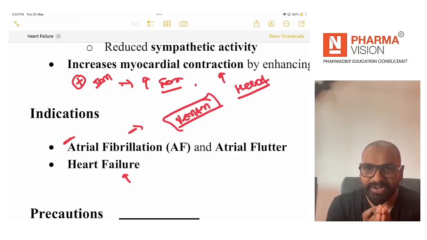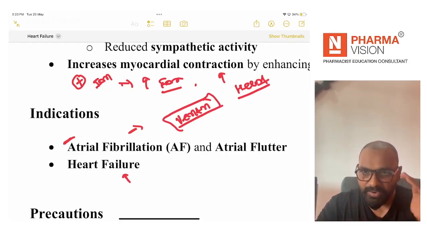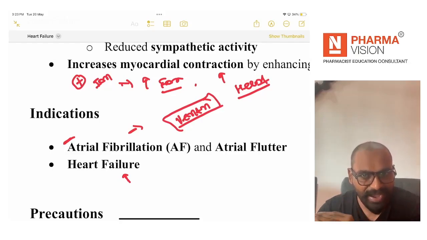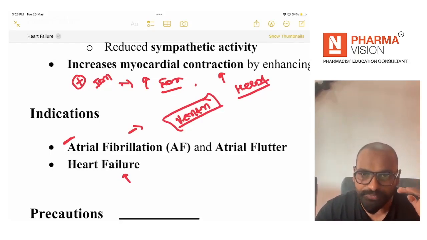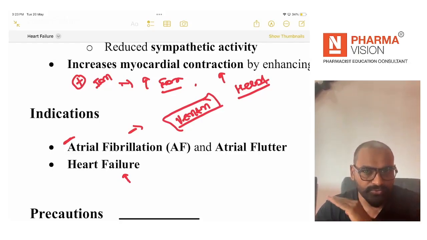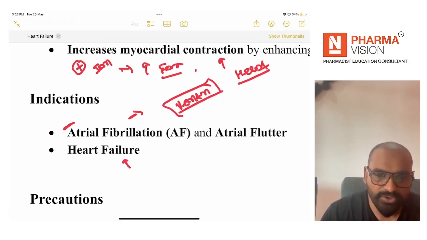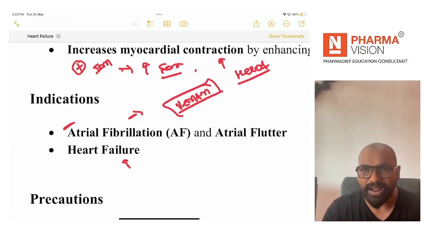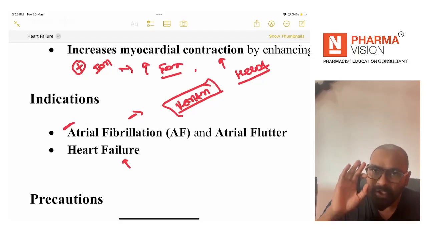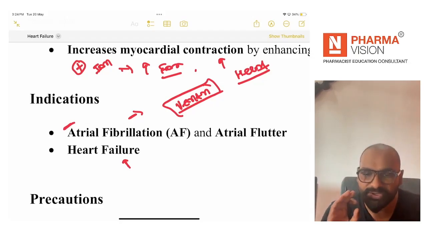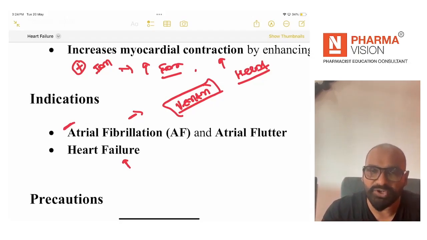So far you have understood four different points: negative chronotropic, positive inotropic, used for arrhythmia, used for heart failure, and in arrhythmia specifically atrial fibrillation and atrial flutter. But Digoxin is not used for ventricular arrhythmia because Digoxin can cause ventricular arrhythmia. Definitely you can get questions from this information.